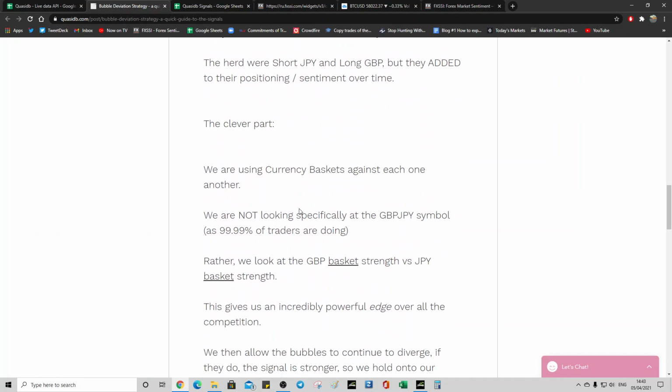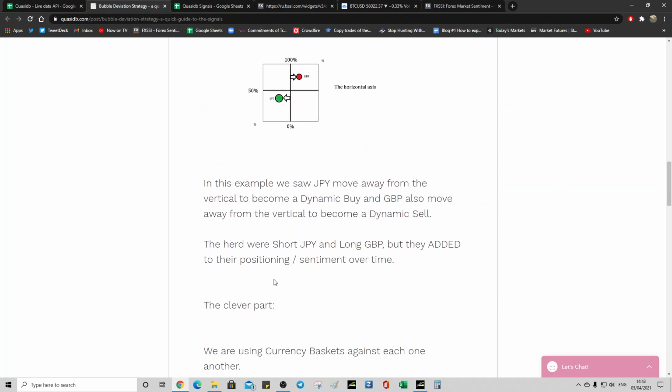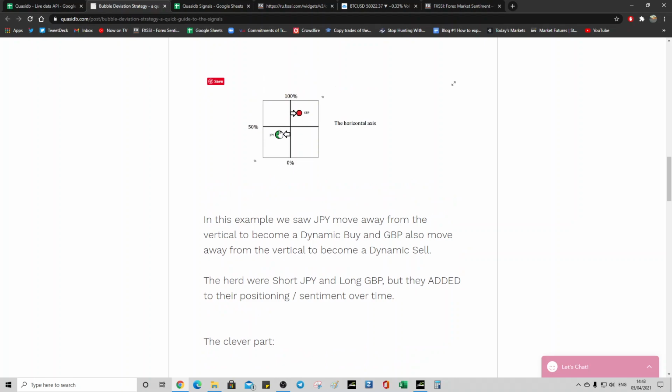Now the clever part: we are using the currency baskets against one another. We are not looking at the pound yen symbol as 99.99% of the traders are doing. Rather, we look at the pound basket strength versus the yen basket strength. So this isn't necessarily the pound yen currency pair, it's the pound basket versus the yen basket.